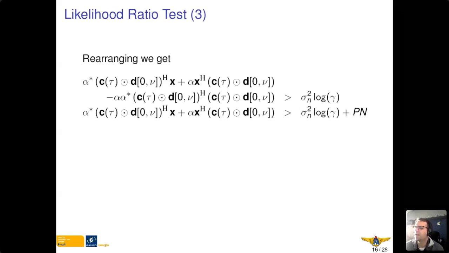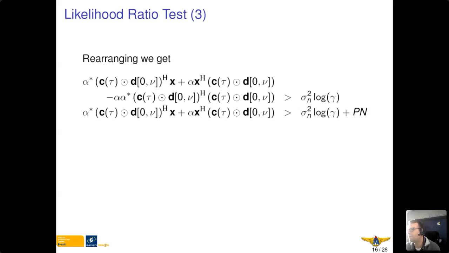As you remember, the third term in the first equation is alpha conjugate multiplied with alpha. Remember, the absolute value squared of alpha is the power, so this is equivalent to p.